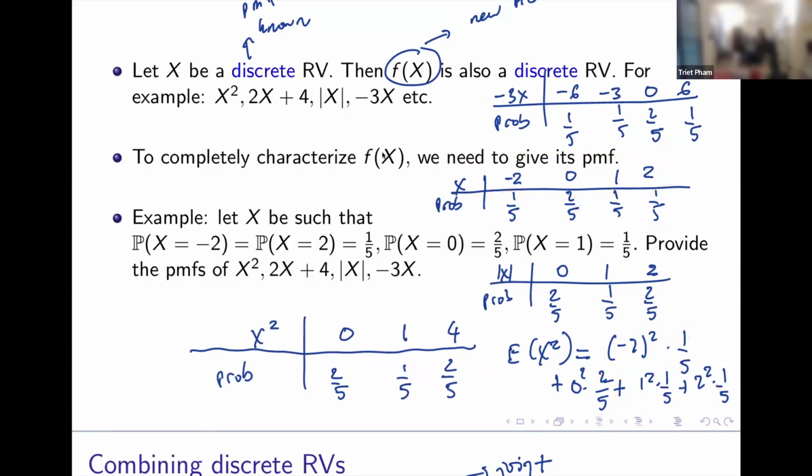Now, if you use the definition, then you would look at this table and do 0 times 2/5 plus 1 times 1/5 plus 4 times 2/5. Do we understand?